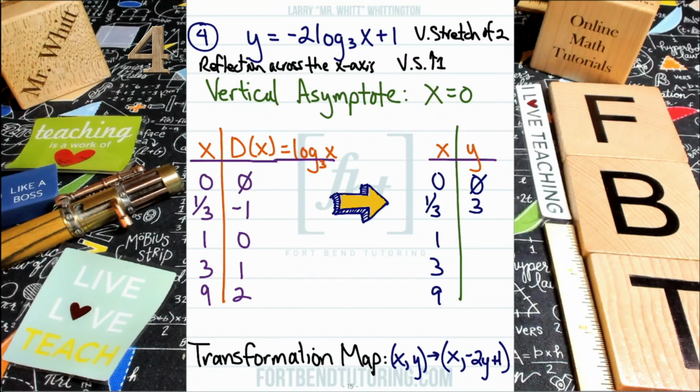Then you'll have -2 times 0 is 0, 0 plus 1 is 1. You'll have -2 times 1 is -2, -2 plus 1 gives you -1. And then -2 times 2 is -4, -4 plus 1 is -3. So these are the values that we can use to graph our logarithmic function here.